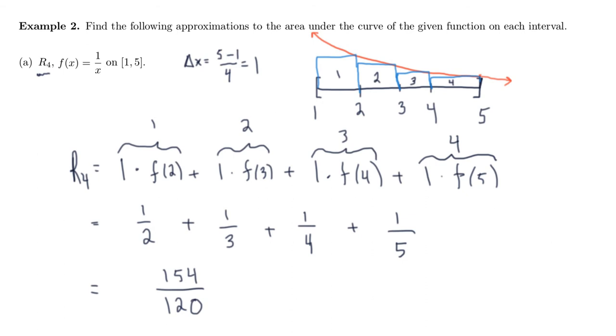Well, you can figure it out. But that's the exact value of the approximated area, okay? So that gives an approximation of the area under this curve, 1 over x, from 1 to 5, using right endpoints, 4 equally spaced rectangles.